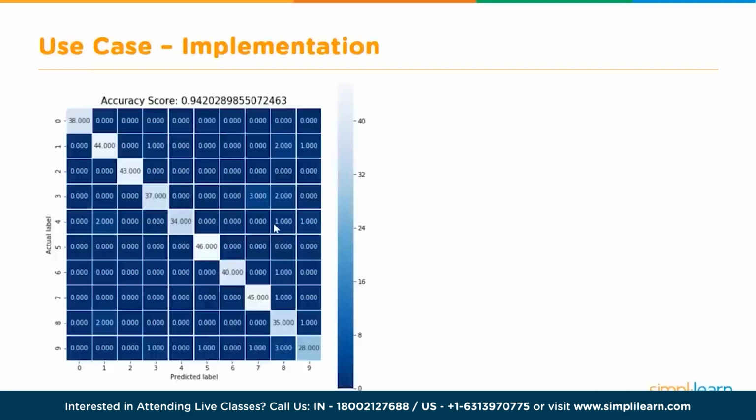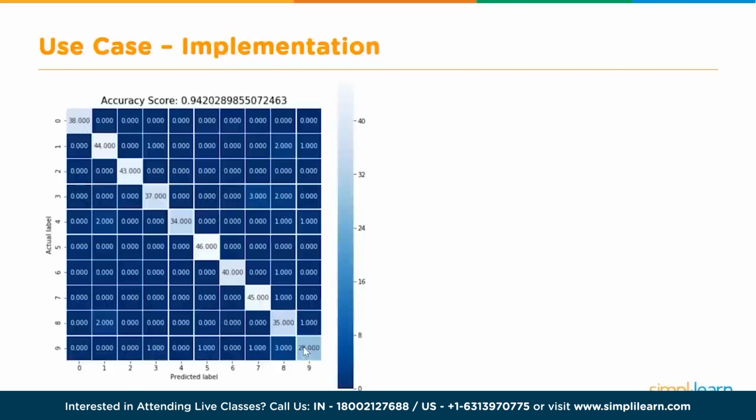So 36 images have been fed which have number 4, and out of which 34 have been predicted correctly as number 4, and 1 has been predicted as number 8, and another one has been predicted as number 9. So these are 2 misclassifications. Okay, so that is the meaning of saying that the maximum number should be in the diagonal.